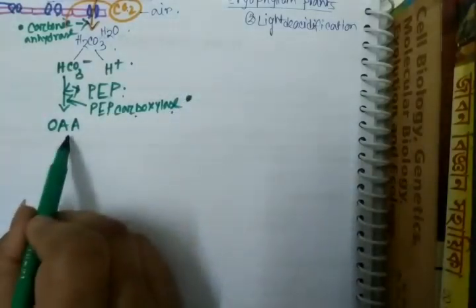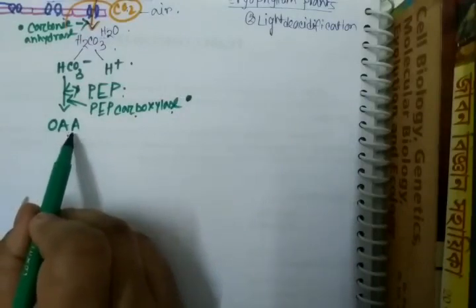So the bicarbonate ion, with the help of phosphoenol pyruvate and the enzyme called PEP carboxylase, will form the oxaloacetic acid.